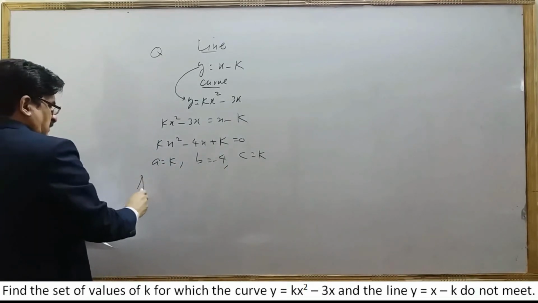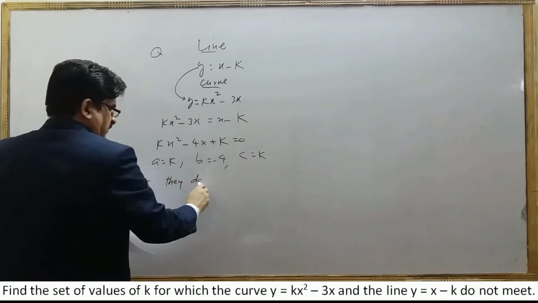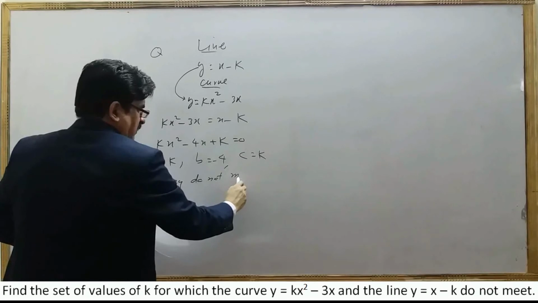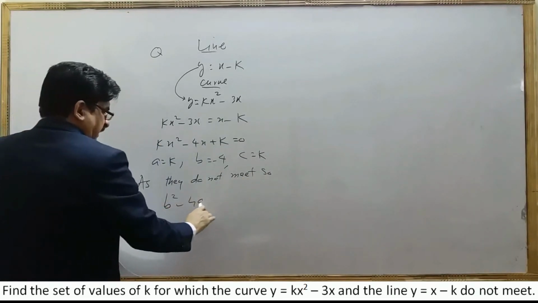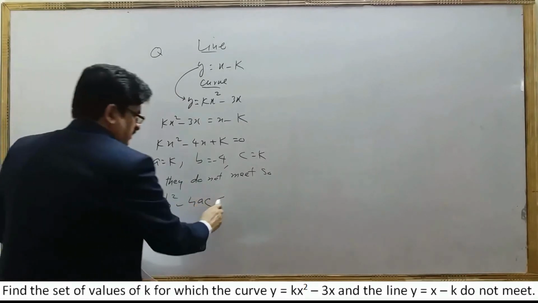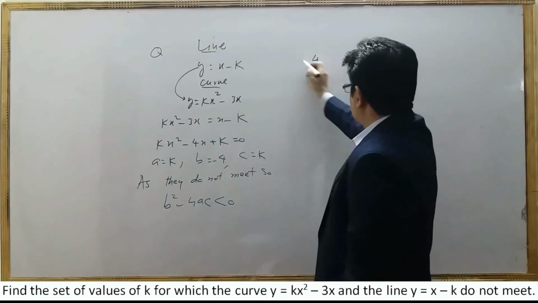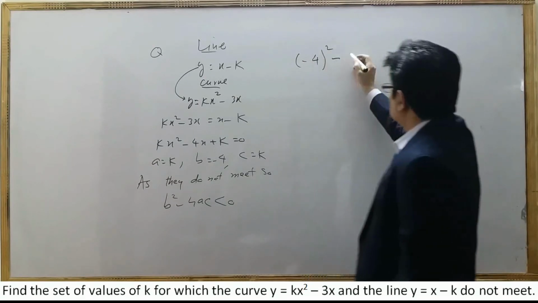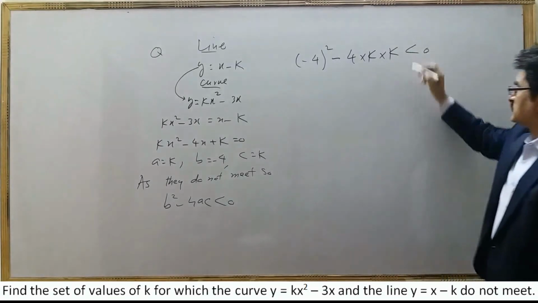Now as they do not meet, it means that the discriminant will be negative. So we have minus 4 whole square minus 4 into a into c, and this is less than 0.